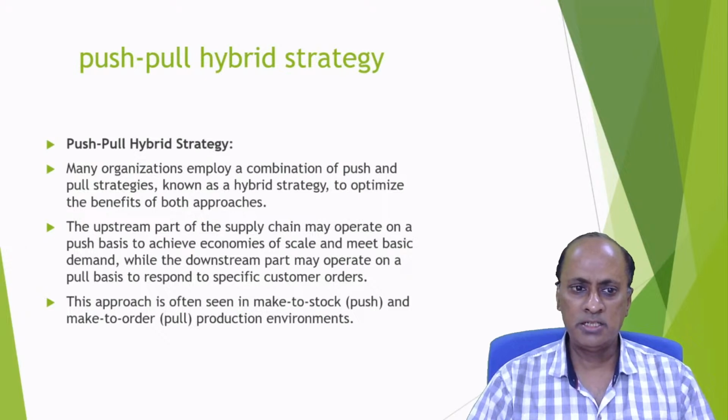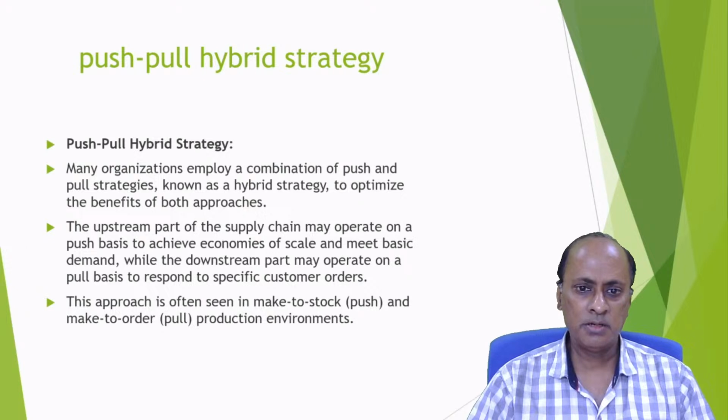To take the leverage of both approaches, we can go for hybrid strategies. The upstream part of the supply chain may operate on a push basis to achieve economies of scale and meet basic demand, while the downstream part may operate on a pull basis to respond to specific consumer orders.